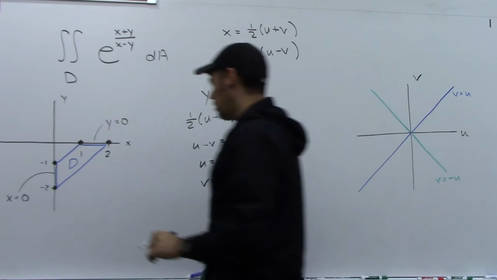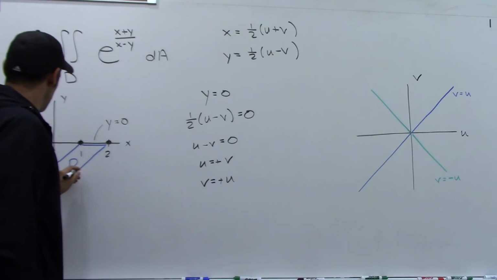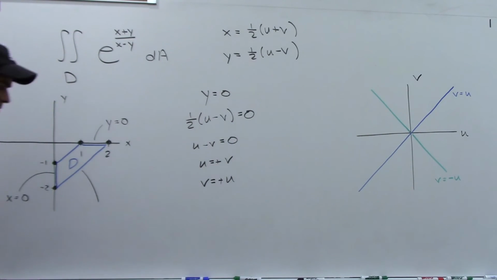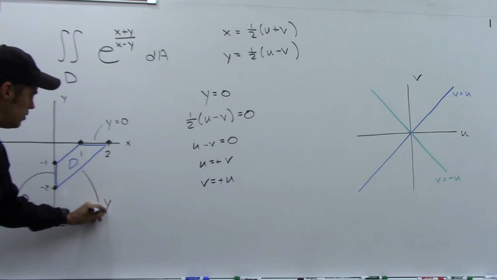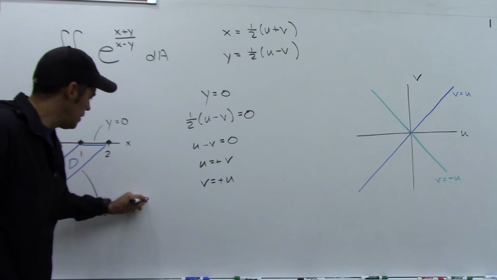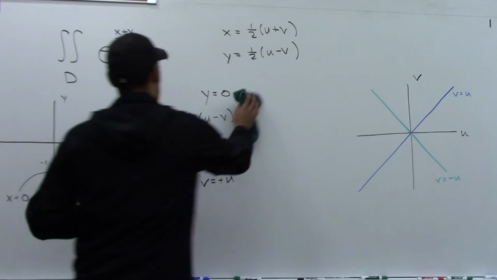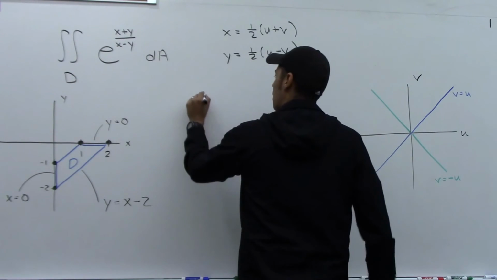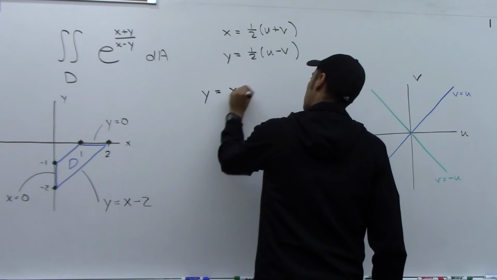And now let's look at this one right here. So the slope of that line, you go up 2 over 2, so it's y equals x. And then the y-intercept here is negative 2, so x minus 2. So I'm going to write this down. y equals x minus 2.